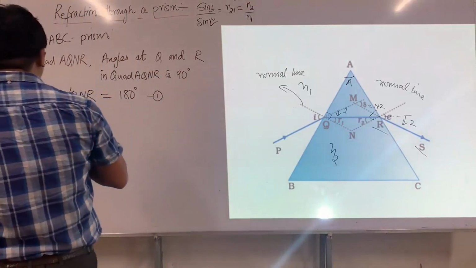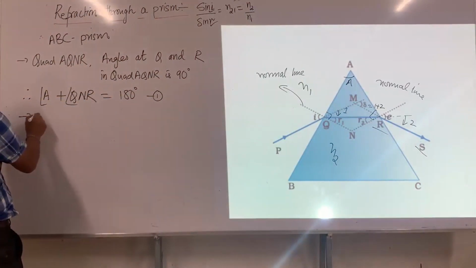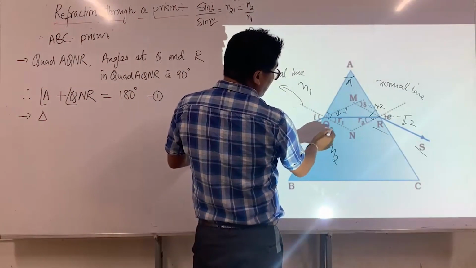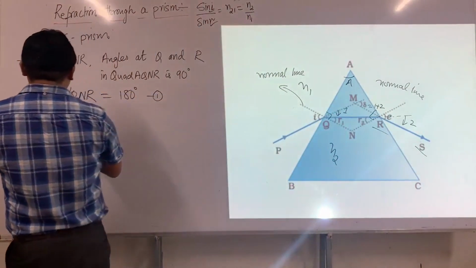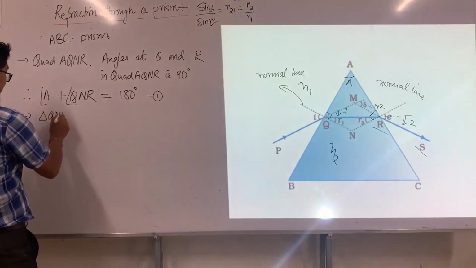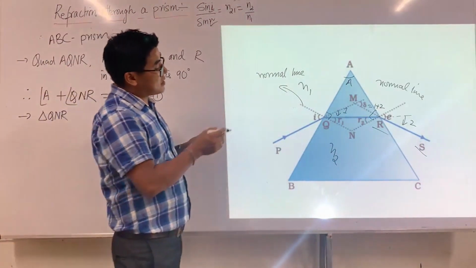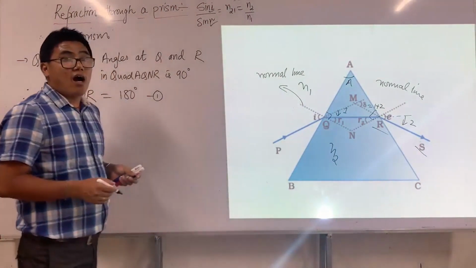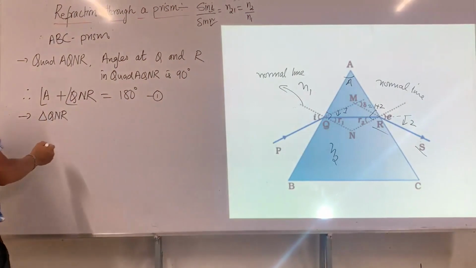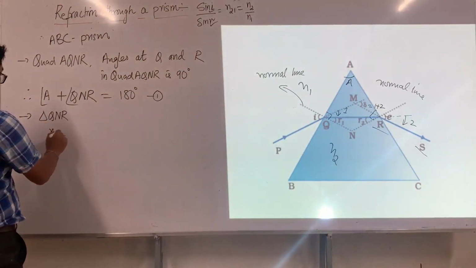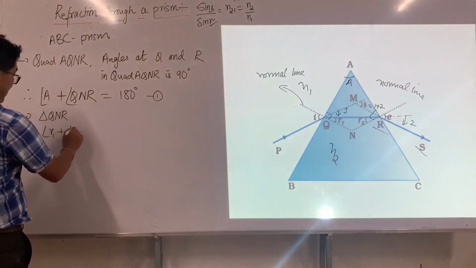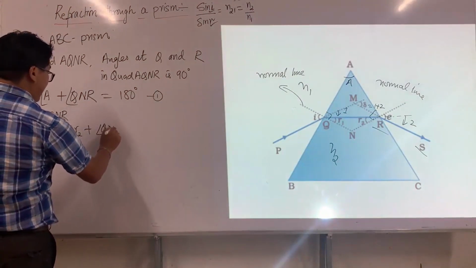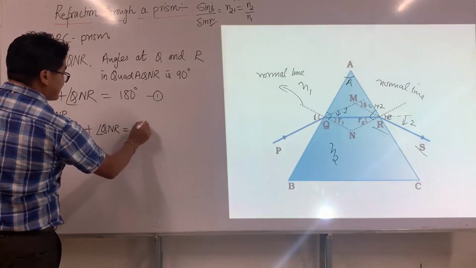Now equation number 2: I take a triangle, the triangle A, Q and R. We know that the sum of the three angles of a triangle is 180 degrees. So angle R1 plus angle R2 plus angle QR must be equal to 180 degrees.